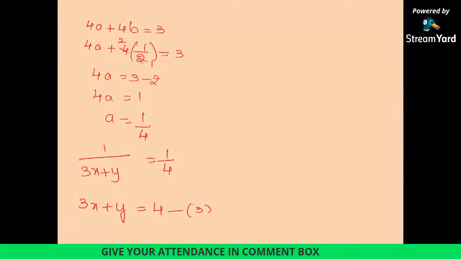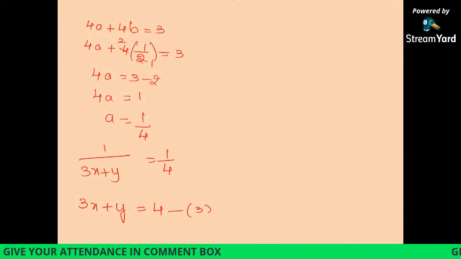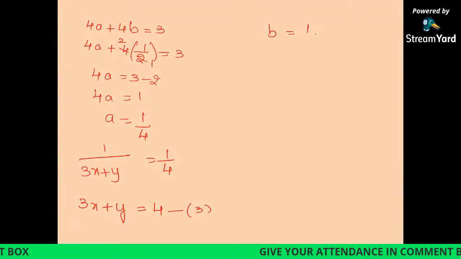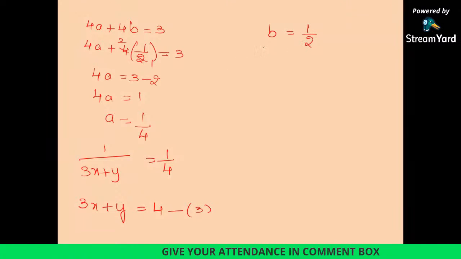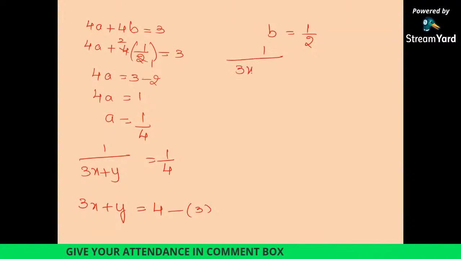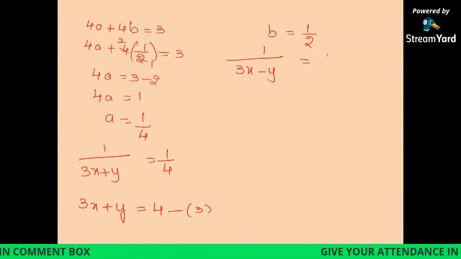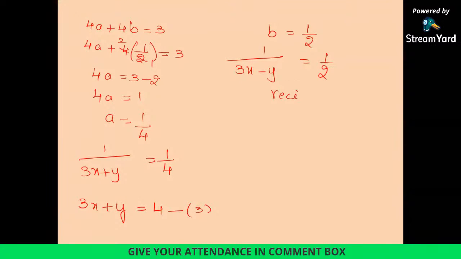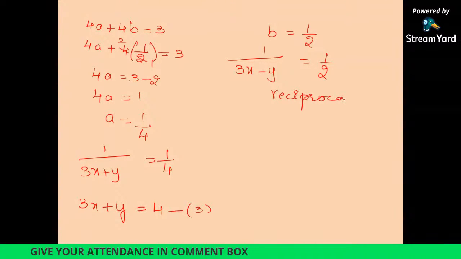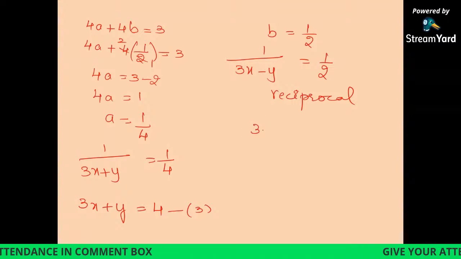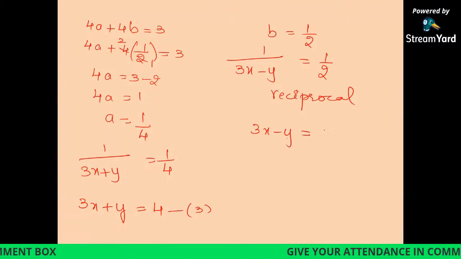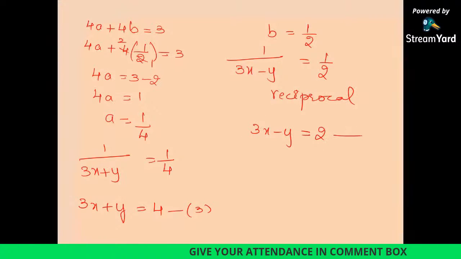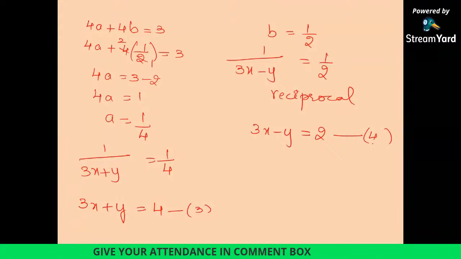And similarly, go for b. Here, value for b is 1 by 2. But according to consideration, b is 1 by (3x minus y), so 1 by (3x minus y) is equal to 1 by 2. Again, taking reciprocal here. This step is very important. We'll get 3x minus y is equal to 2. This is our equation 4.